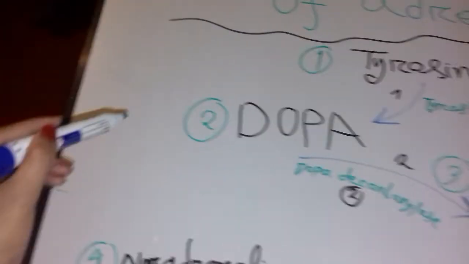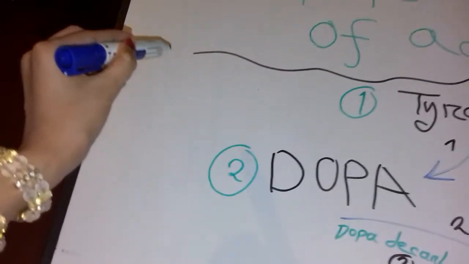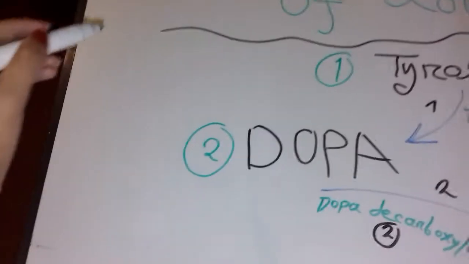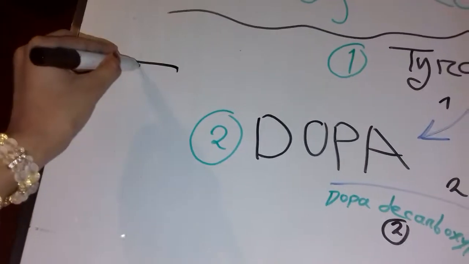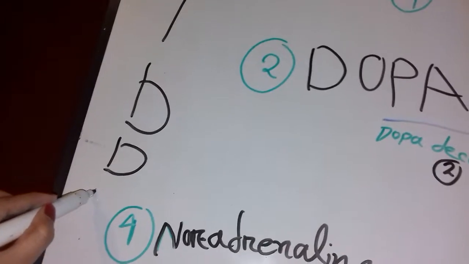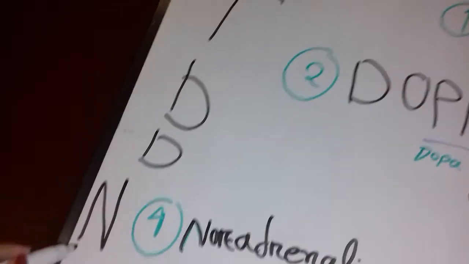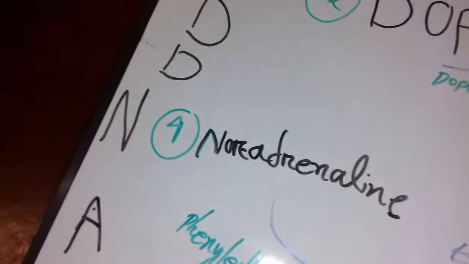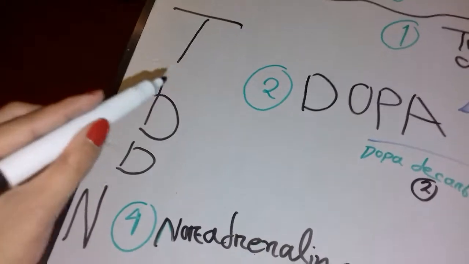So I write here: T, D, and N and A. That means T, D, D, N, A. T means tyrosine, D means dopa.